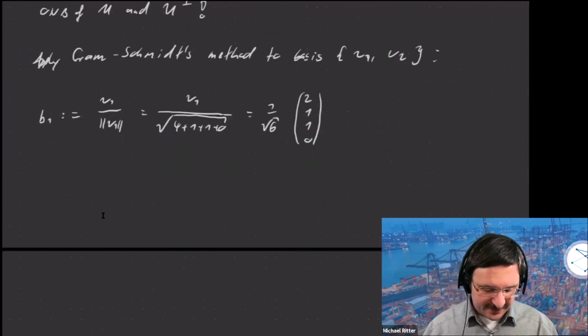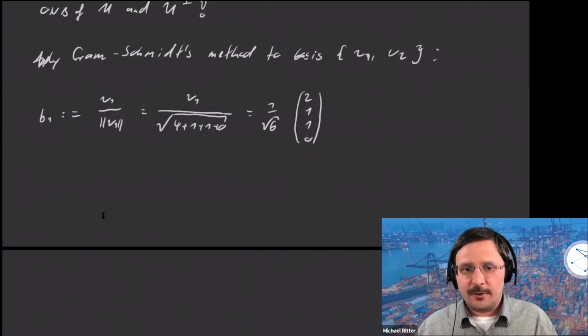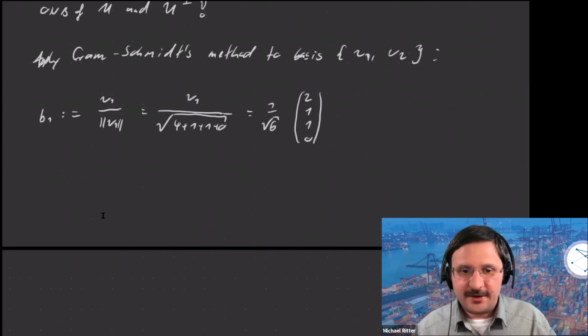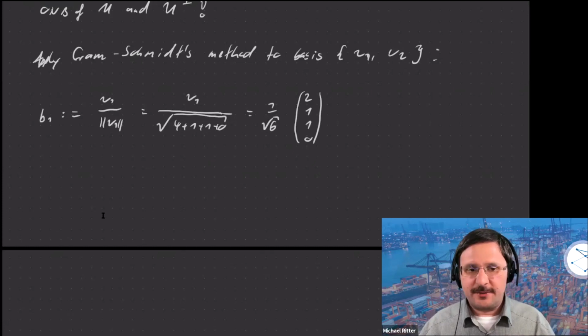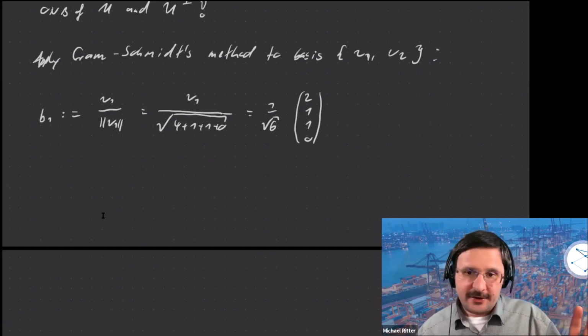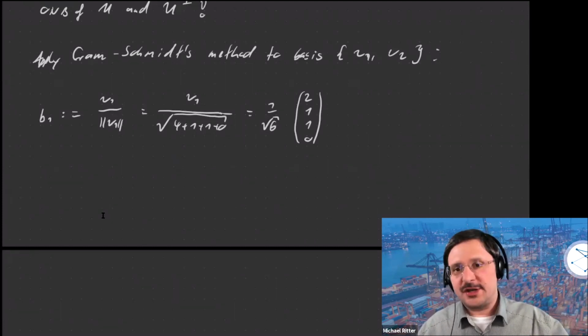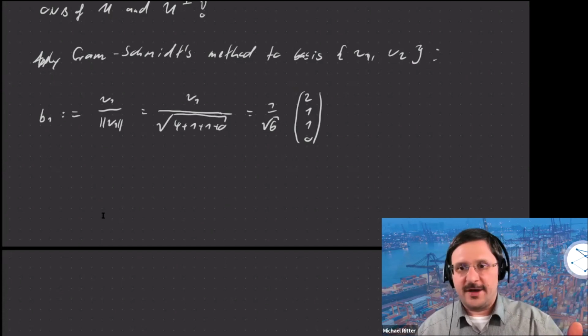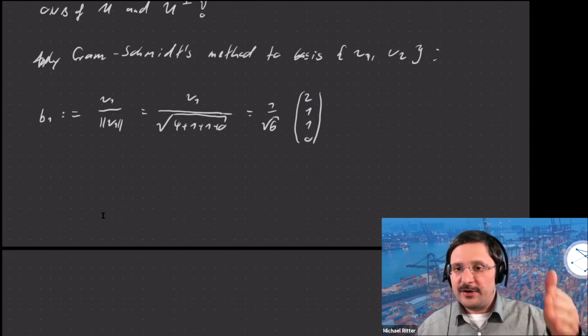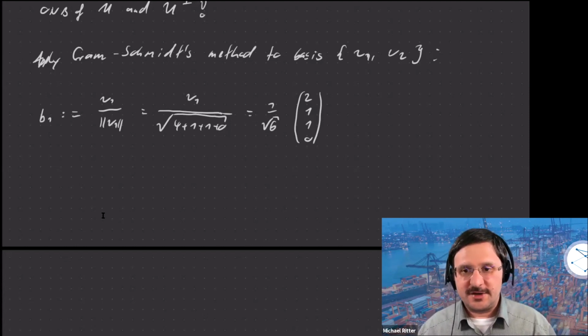Now for the second vector, we take v2, the next vector in our basis here, and we decompose it into a part that is parallel to b1, or in general, lies in the span of the basis vectors that we already have, and a part orthogonal to that. We only keep the part orthogonal to the space we already have.